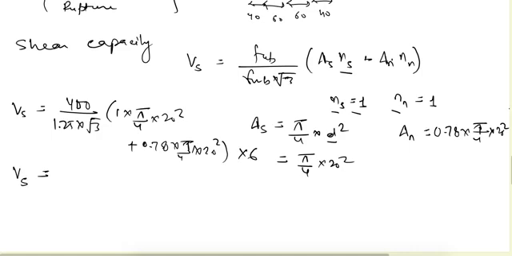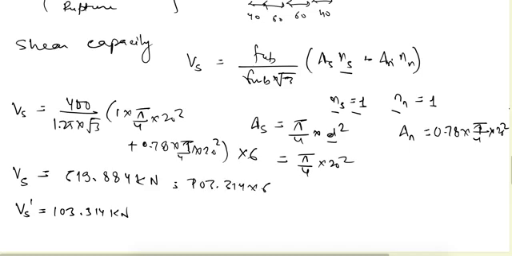And so from here Vs comes out to be 619.884 kilonewton. And later we'll need the shear strength of a single bolt also. So we can write Vs dash, that is the shear strength of a single bolt, equal to 103.314 kilonewton. So this term is simply 103.314 multiplied by 6. This we'll need later, so that's why I wrote it here.